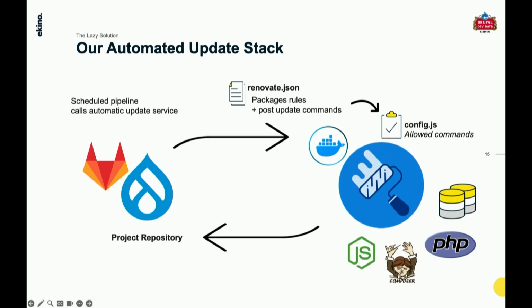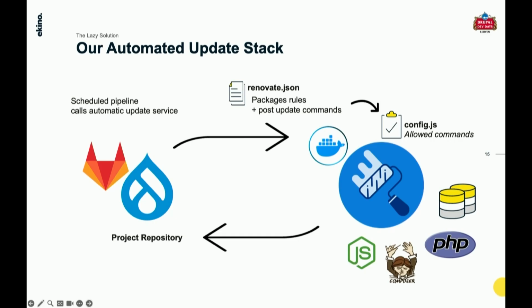All of these packages are built into a Docker image, and could be used in all of our projects to update all our dependencies. And when this job is done, you have some merge requests opened automatically in your project repository, and it's a good thing.